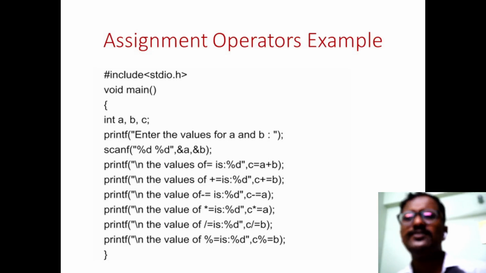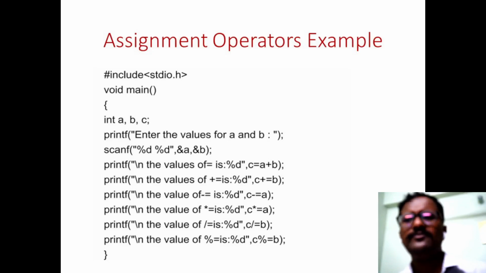It is equivalent to c equal to c plus b. If c is previously 8 and b equal to 3, after this operation c equal to 11. What is the output? Previously 8, and if you add 3, the c value is 11.